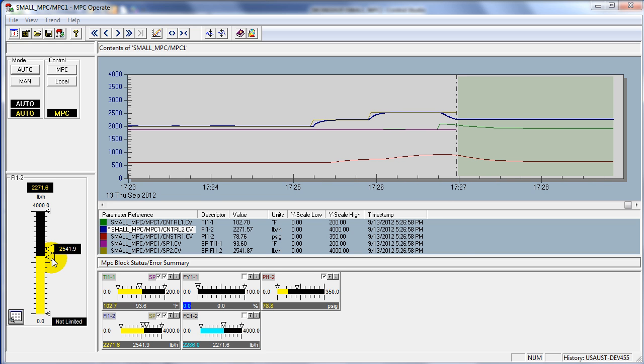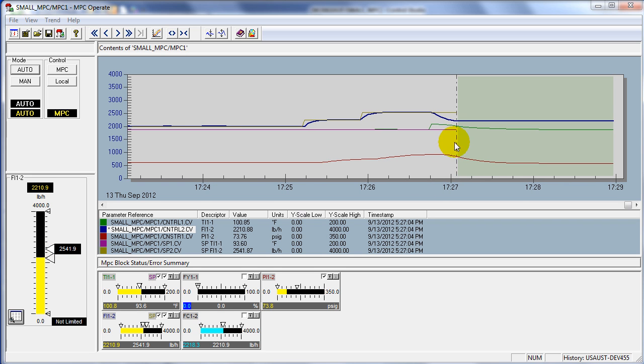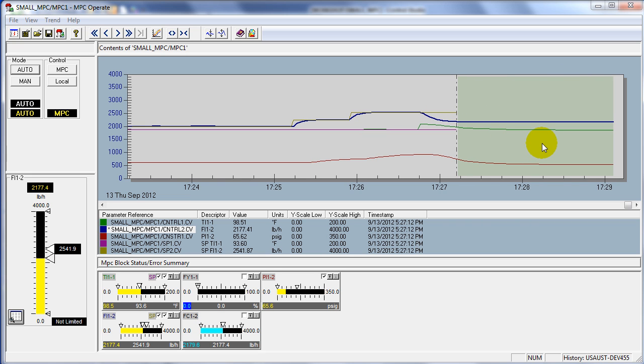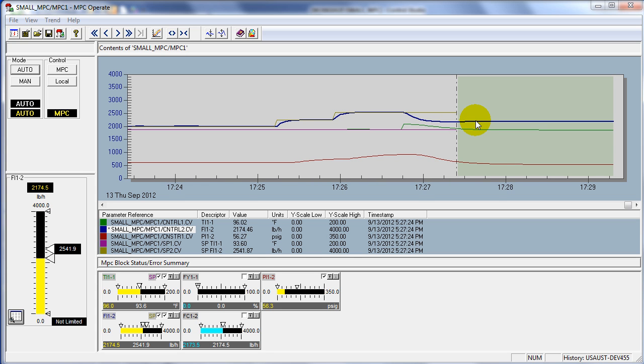To keep the temperature at set point, MPC is automatically reducing the flow rate below the operator target. This is necessary to keep us from exceeding the temperature constraint and maintain temperature at the desired operating point. So as we decrease the flow, the cooling capacity is enough to maintain our temperature.